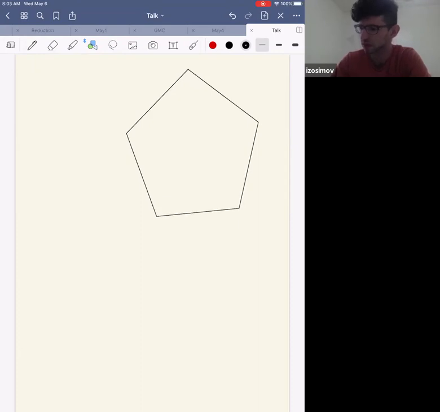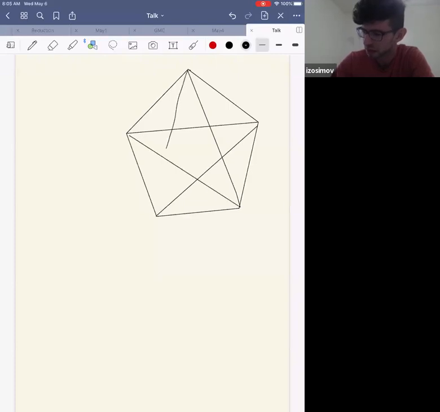Having such a thing, we can draw all the diagonals of this pentagon. And if we do that, then we obtain a new pentagon in the middle. Its vertices are just the intersection points of the diagonals of the initial one.